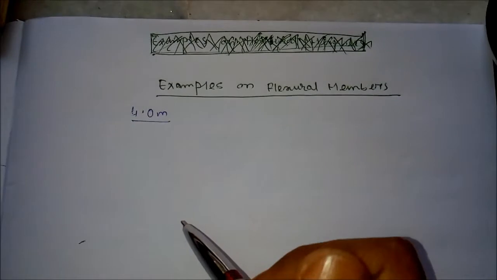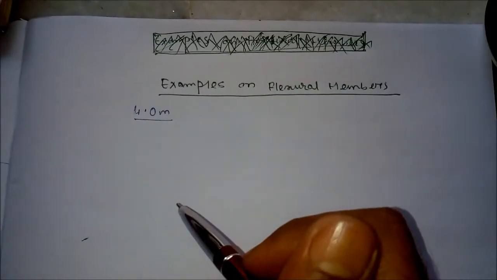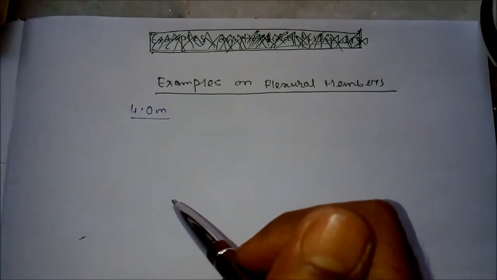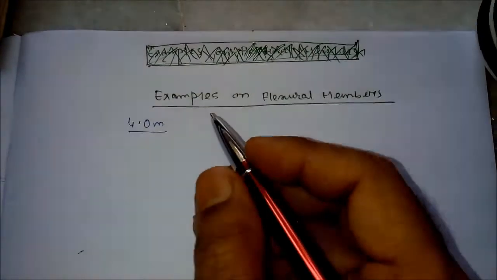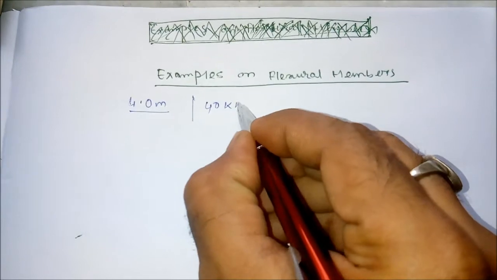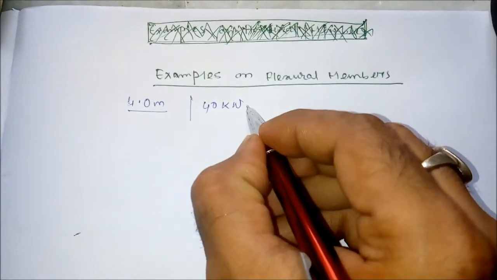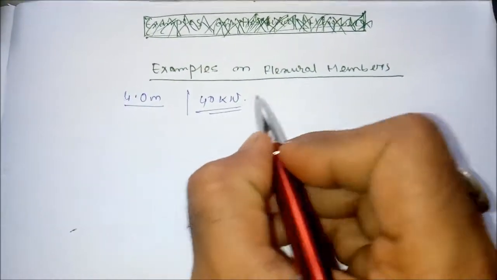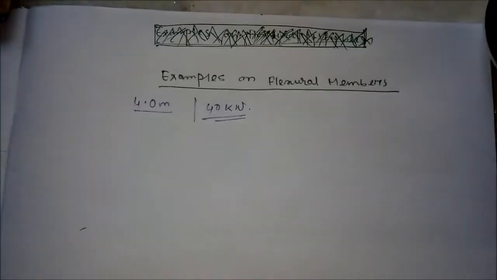So it is a laterally supported beam, and it carries a total uniformly distributed load of 40 kilonewton. Total load is 40 kilonewton, total UD load, and it includes the self weight also, right?